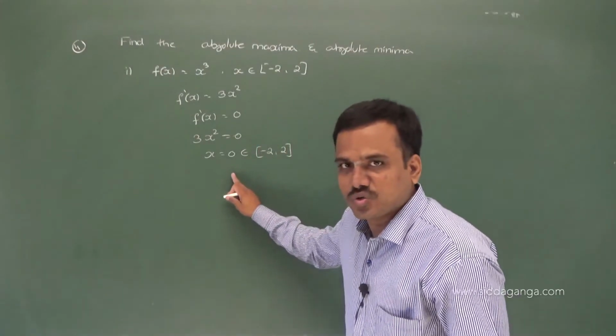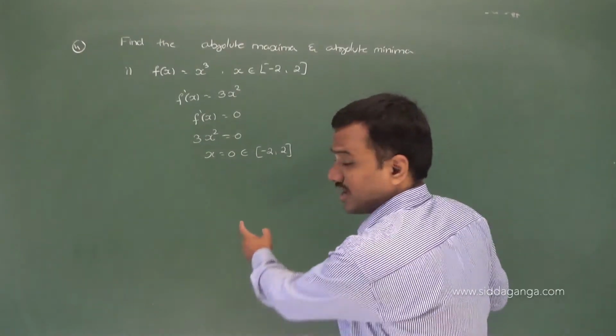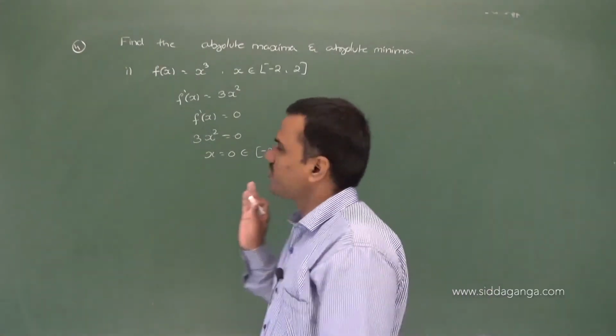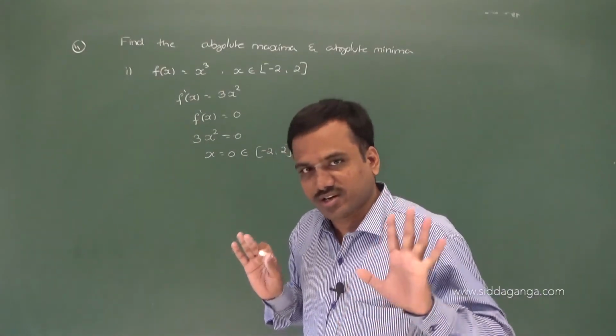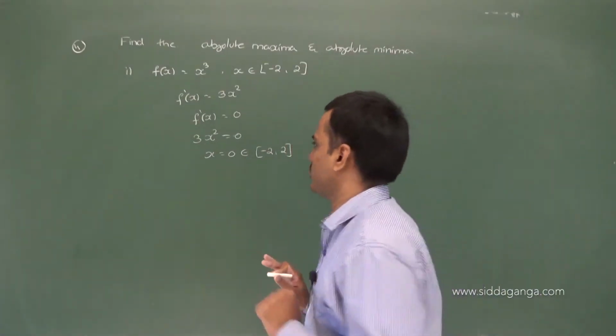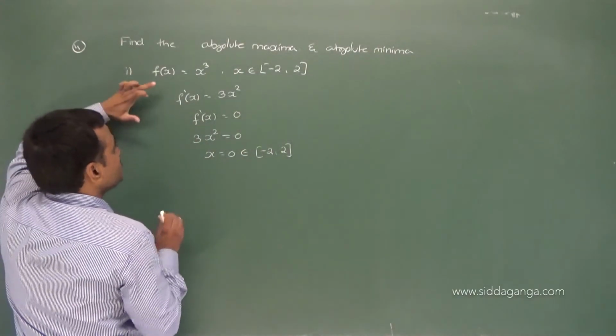Correct? So the critical point lies in this closed interval. So simply we find the range values.